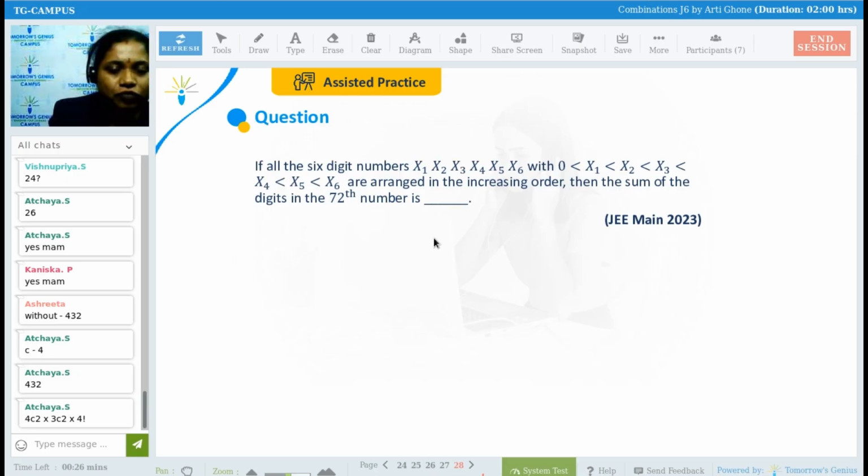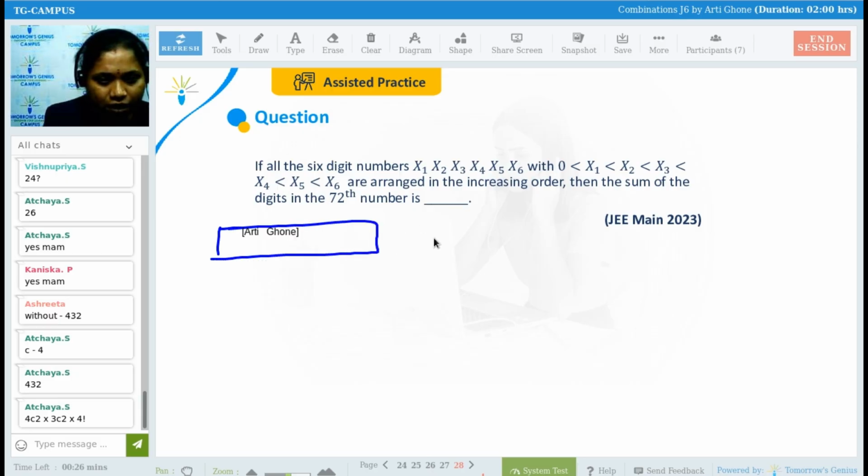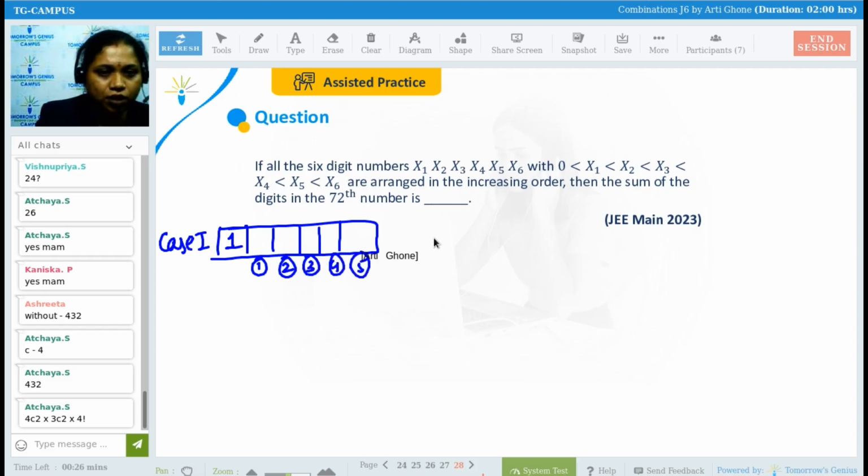Okay, so it is not a 4-digit number, it is a 6-digit number only. Obviously, with the 6 digits, we can form 6-digit numbers only. Now, what will be case 1? Okay. 1 at first place, right? Because we are arranging in increasing order. So 1 at first place. How many places are left? 1, 2, 3, 4, 5. Clear? Okay. So if I place 1 at first place, how many numbers are created?